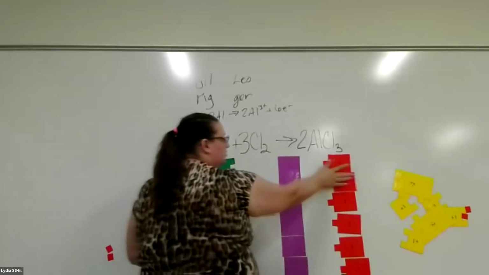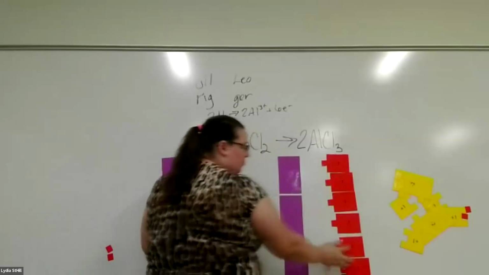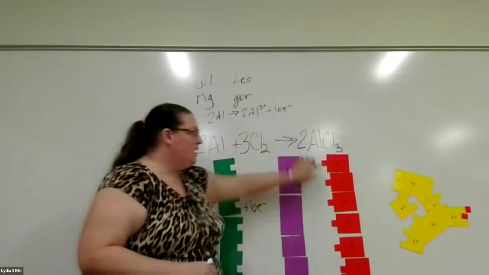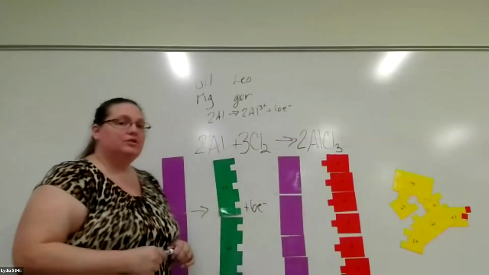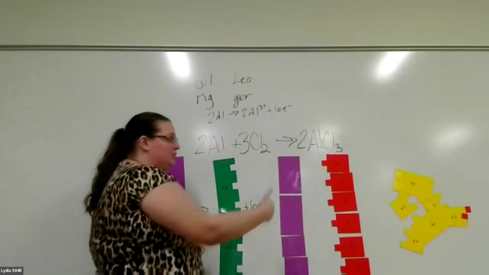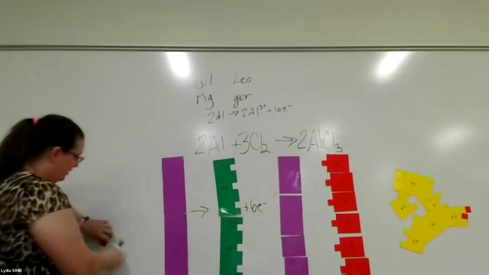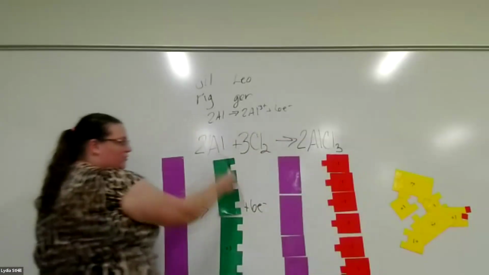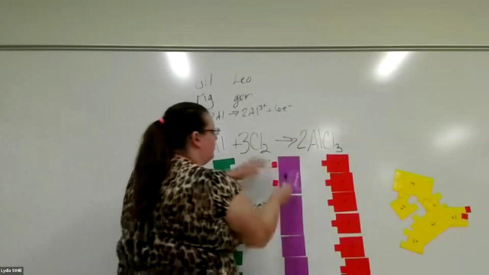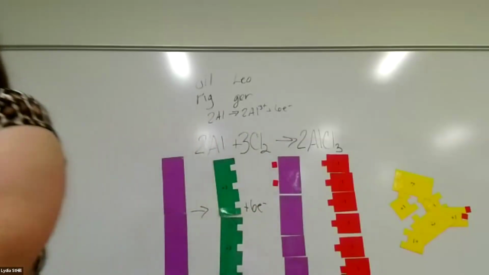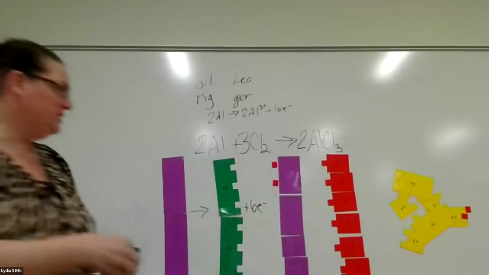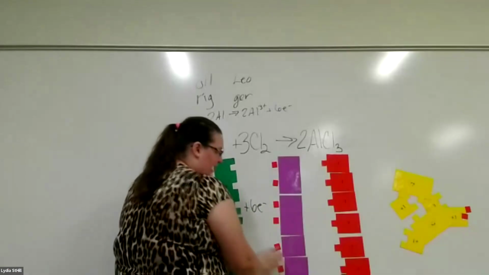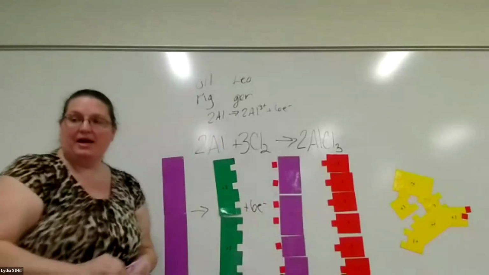So this one went to 2, this one went to 2, this one went to 2. So now what we're looking at is the fact that I didn't have any electrons, and now I have extra electrons, which means in order for me to move forward, these electrons that we lost from this aluminum are going to have to go and create these spaces so that they can now be balanced and look like the Cl minus.